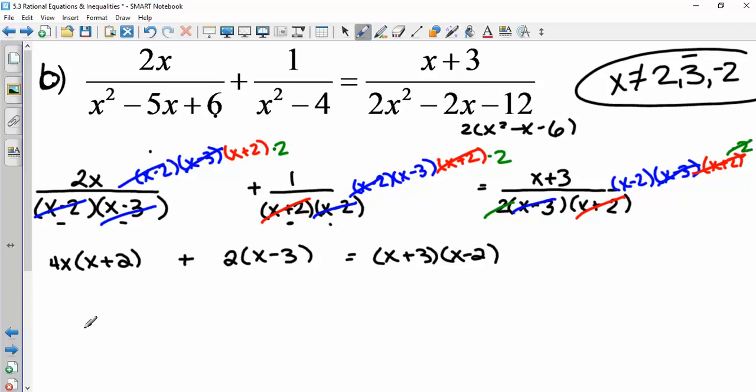Now what? So we get 4x squared plus 8x plus 2x minus 6 equals x squared plus x minus 6.